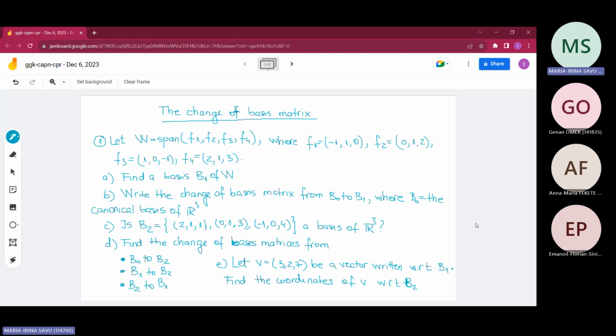Let me write it first. And then you have to find these matrices, but let me write the idea that you have told me. Let's denote this one by G1, this one by G2, and this one by G3.